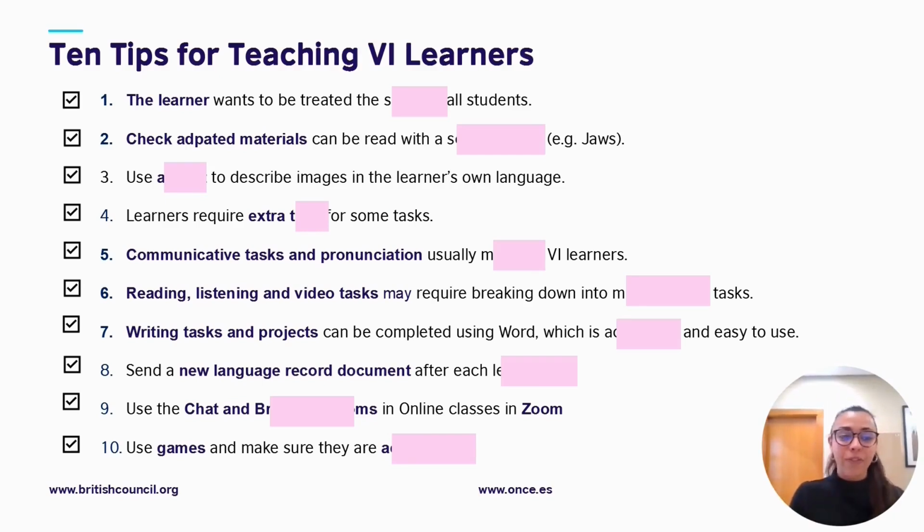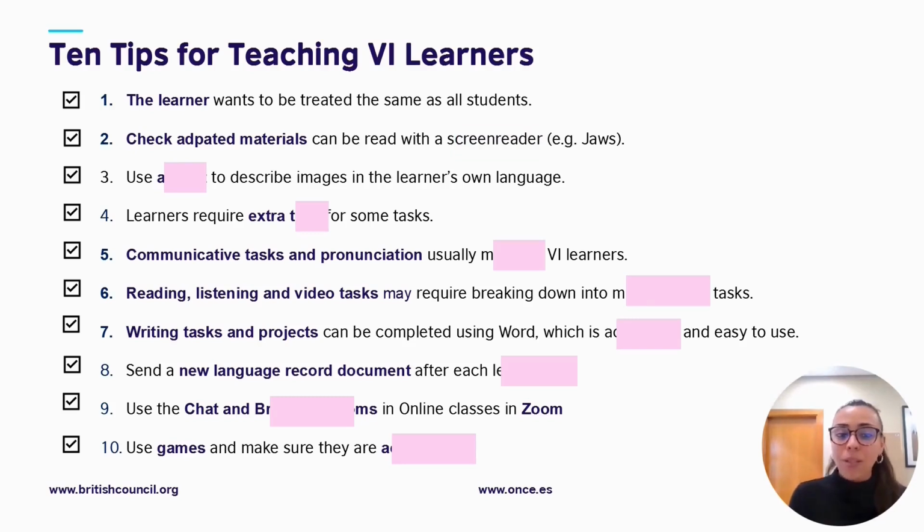Okay, let's see. The first one is the learners want to be treated as all students. The same as all students. Two. Tech adapted materials can be read with something that is called JAWS, for example. That is a screen reader.